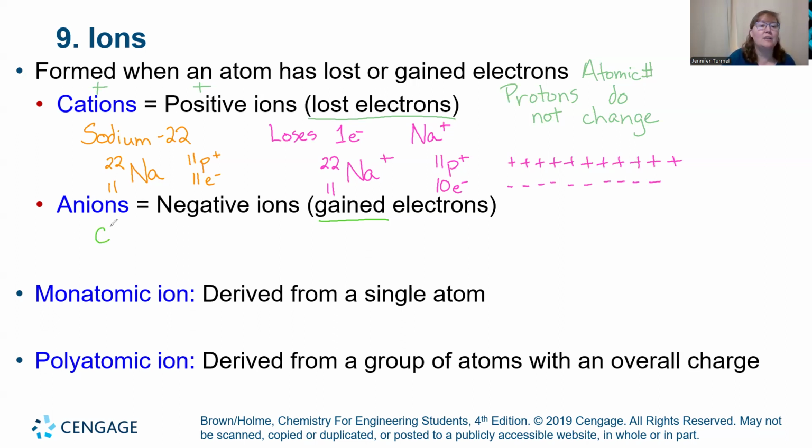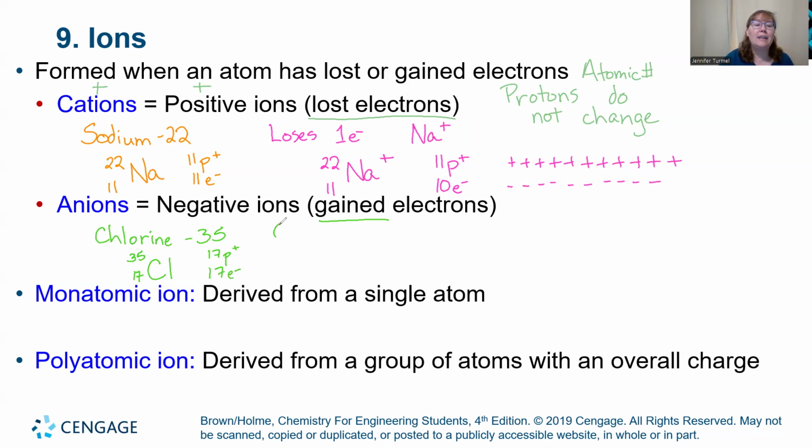So let's look specifically at the chlorine-35 that we had in that last slide. You have Cl 35, and it is always going to have a 17 right down here. When you do that, you're going to have 17 protons and 17 electrons.